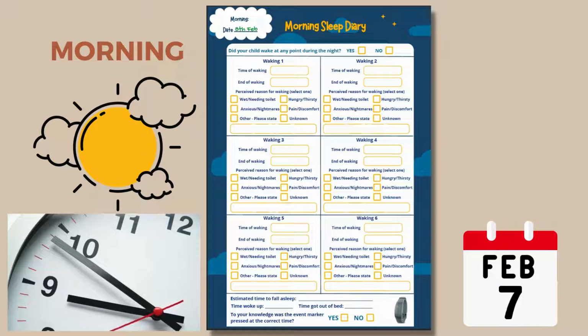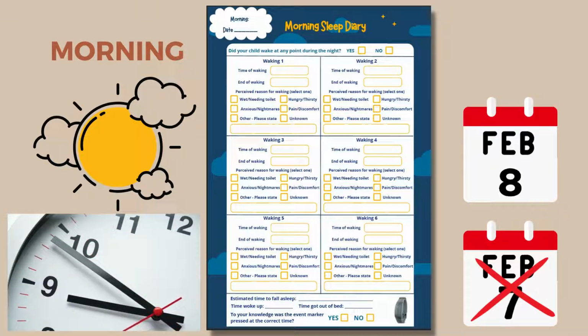For example, if your child went to bed at 8 p.m. on the 7th of February and then woke up at 11 p.m. on the 7th of February, you will need to complete this information in the morning sleep diary of the following day, in this case, the morning of the 8th of February.